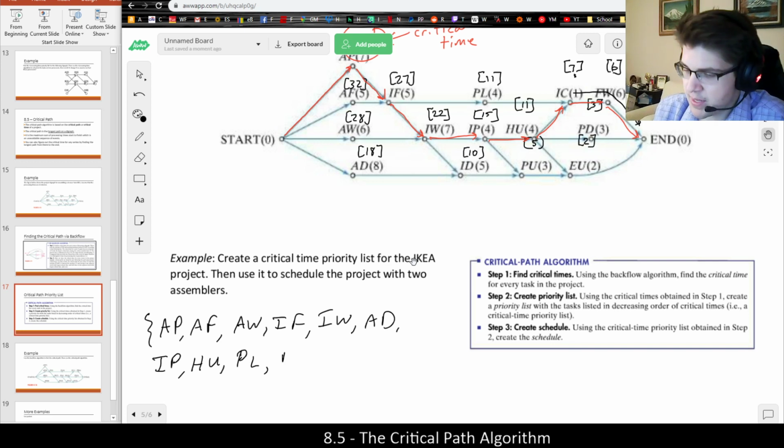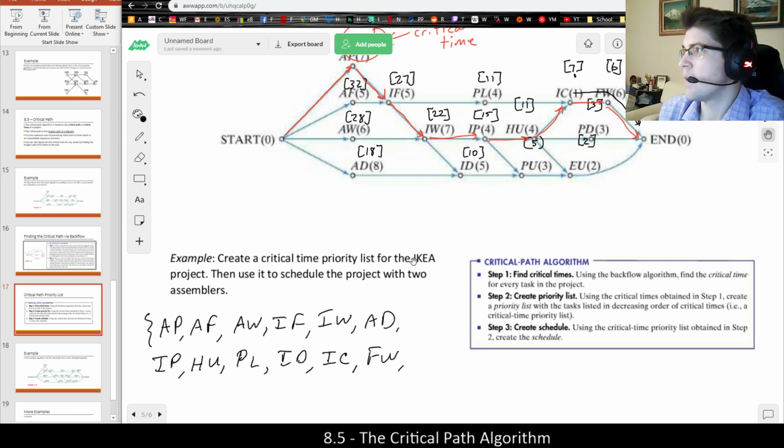Then ID is 10. Next up is IC is 7. FW is 6. PU is 5. PD is 3. And EU is 2. And that should do it.